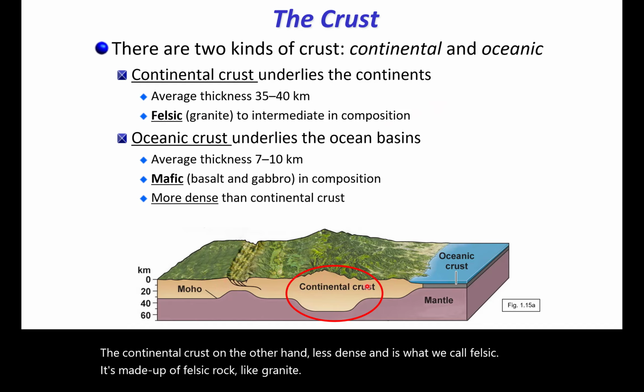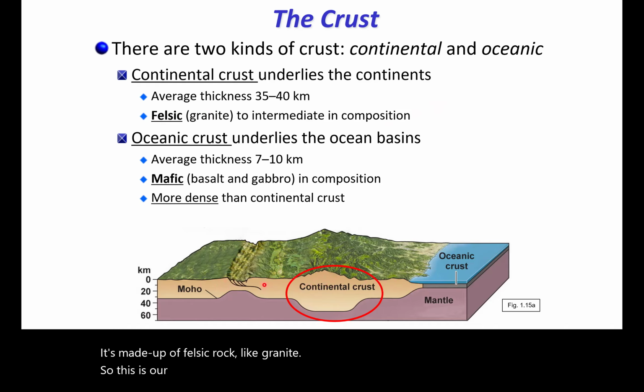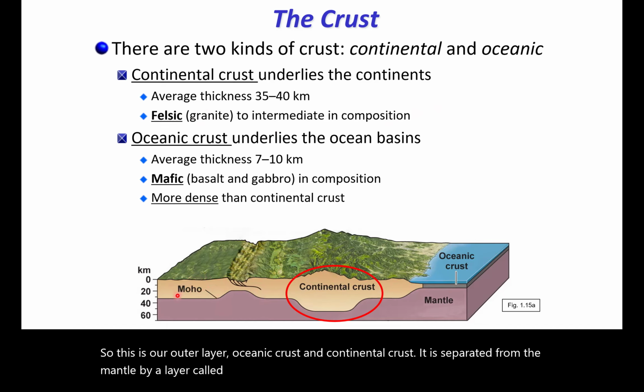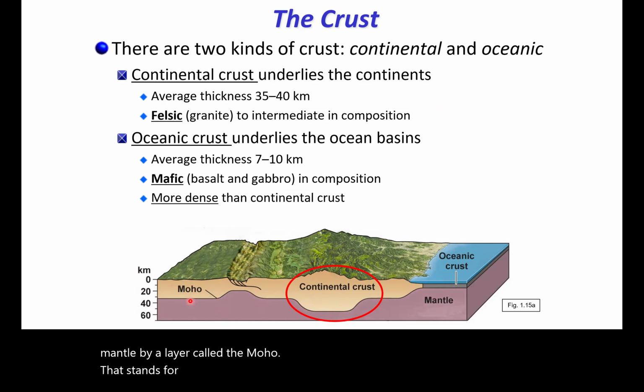So this is our outer layer, oceanic crust and continental crust. It is separated from the mantle by a layer called the moho. That stands for the Mohorovičić discontinuity. I don't know if I say that correctly, but I've tried.